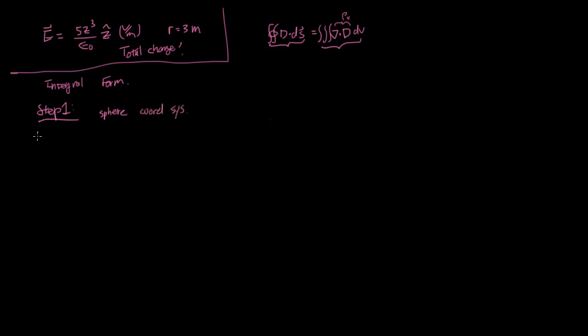And our ds, if you just visualize a sphere, is the vector that is always perpendicular to the surface, so it's going to be in the r direction, and it's going to be a combination of the theta and phi directions, so it's going to be d phi and d theta.